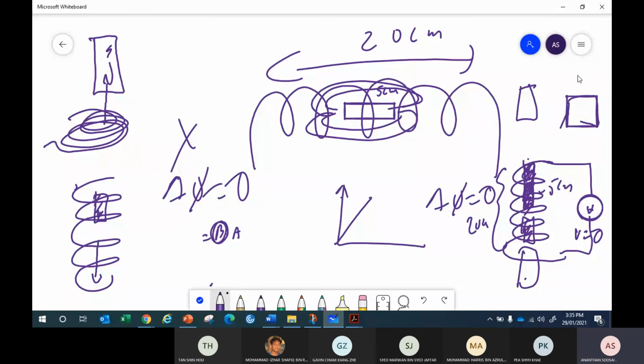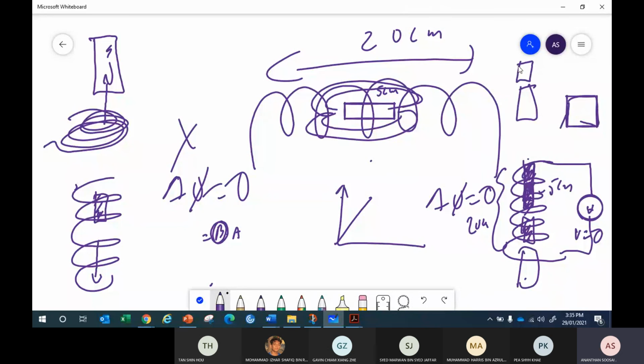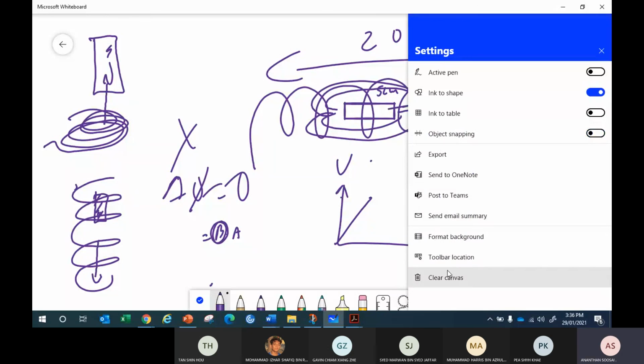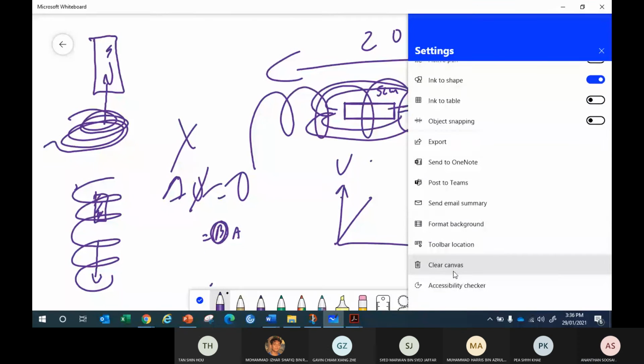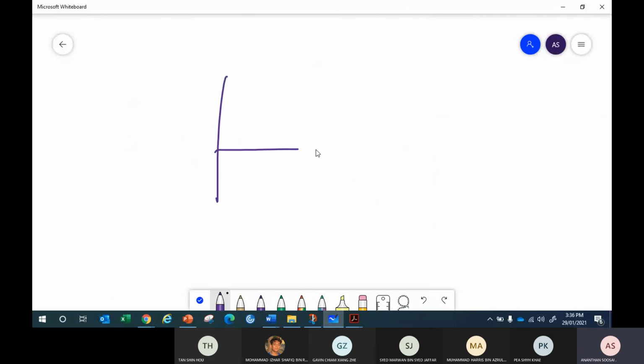Lots of questions were asked in past years like this. They drop a small magnet through a huge coil. They ask you to trace the graph of voltage, how the voltage graph is produced. The voltage graph given for that movement is like this, come down like this.